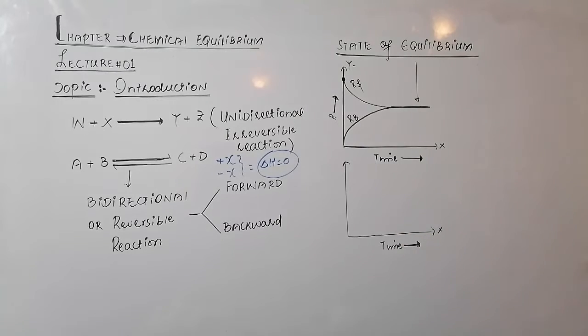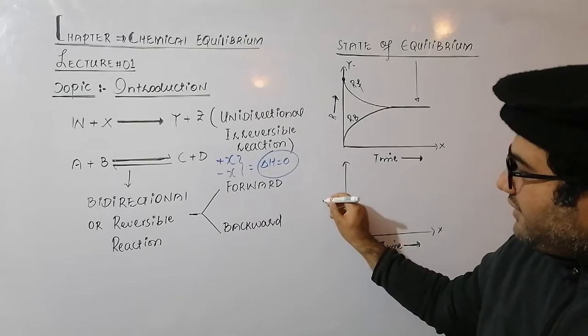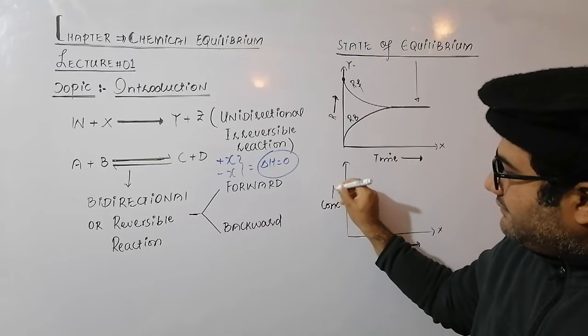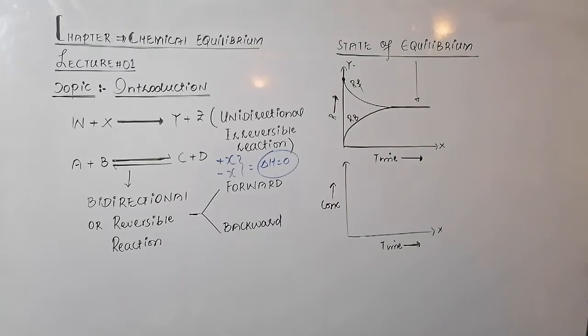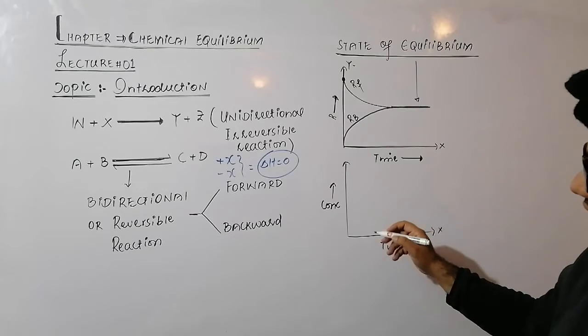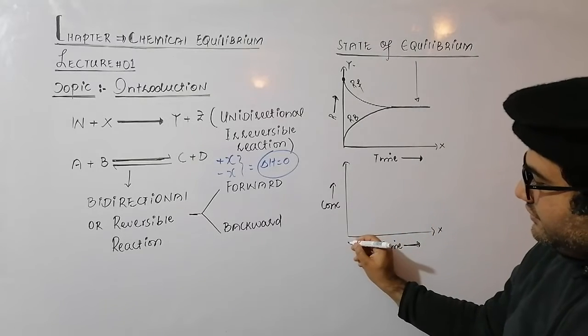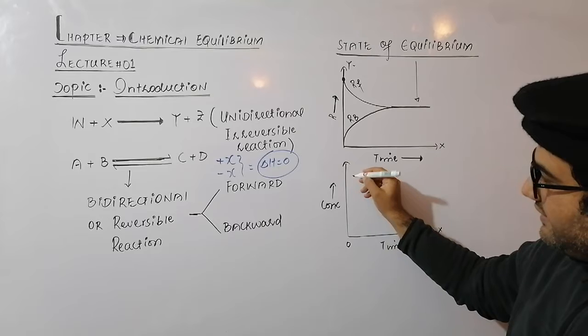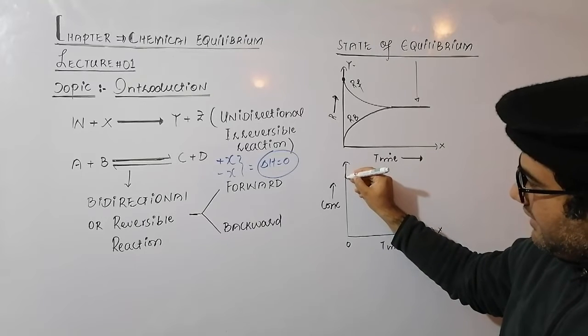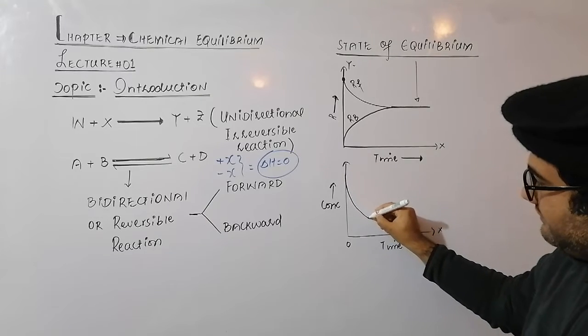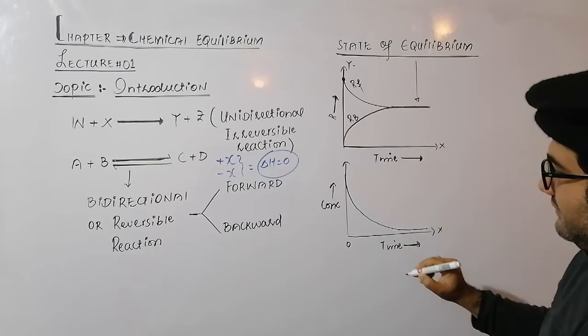On the x-axis we have time, and on the y-axis we have concentration. You know that at time 0 seconds the reactants are maximum, and their concentration decreases with the passage of time.